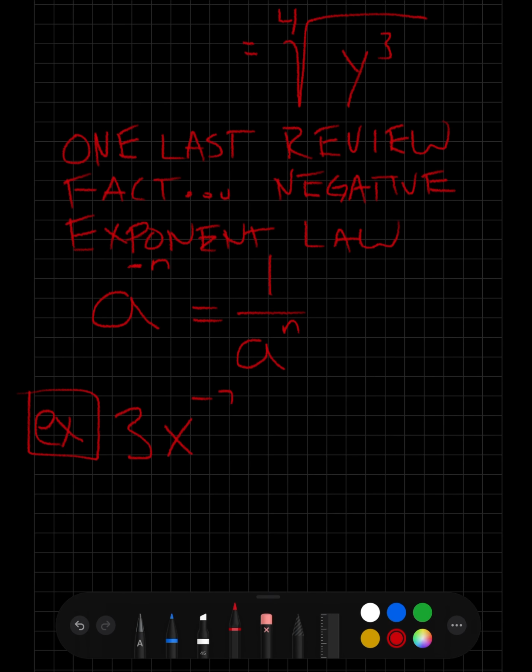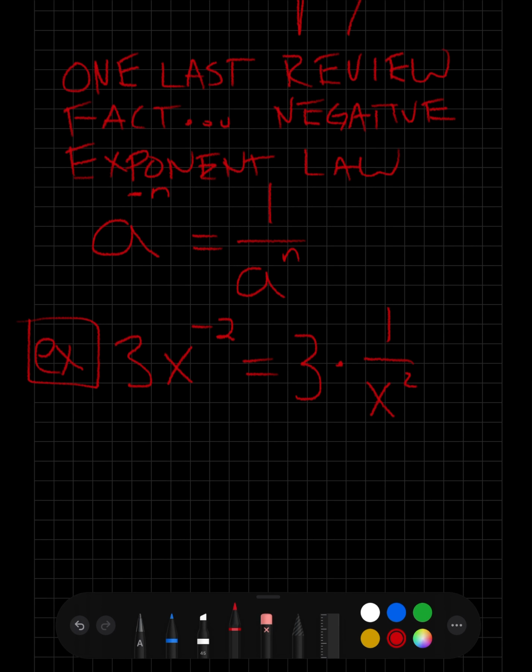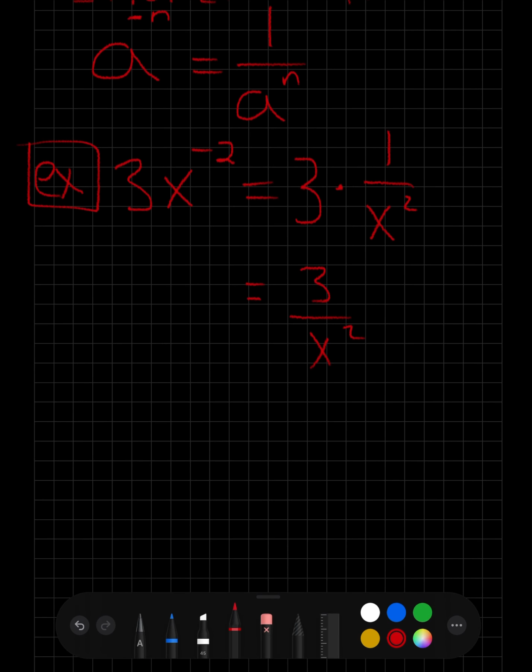So let's suppose I had 3x to the negative 2 power. That would be the same as saying 3 times 1 over x squared. That would give me 3 over x squared. Let's do another little example here. Let's suppose that I have 1 over 6x cubed.